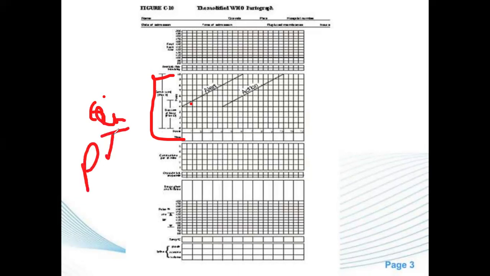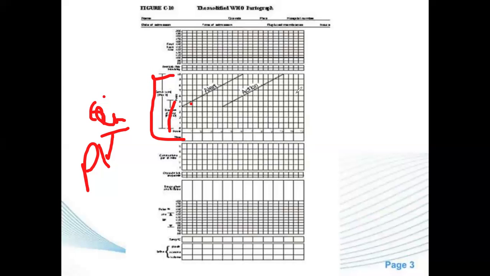By PV we come to know whether the cervical dilatation is 4 centimeters or more. Here there is also one more thing which tells you about the fetal head descent, how much the fetal head has descended into the pelvic brim.